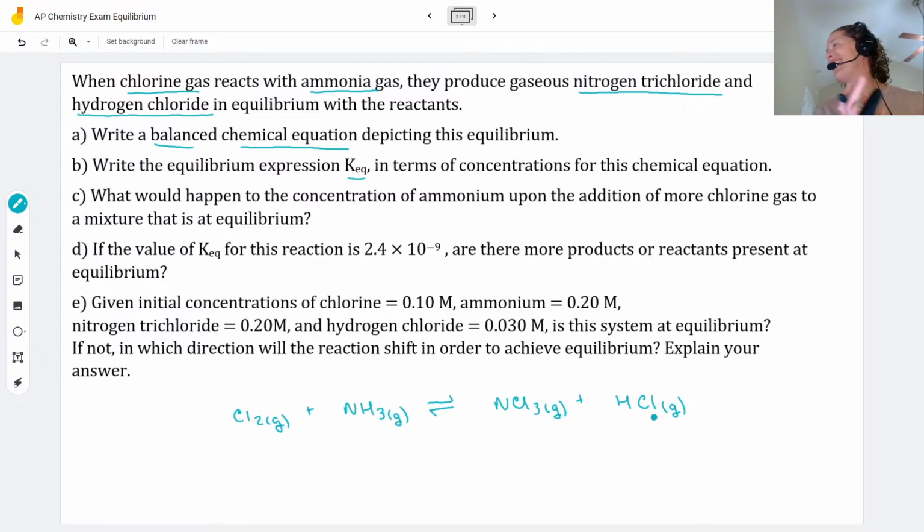Yes, well, we have to write the states. Isaac, that's a really good question. They want to see the states and they want to see your correct subscripts here. If you forgot that chlorine was a diatomic gas, then your balancing is going to be different, which means your Keq is going to be different.